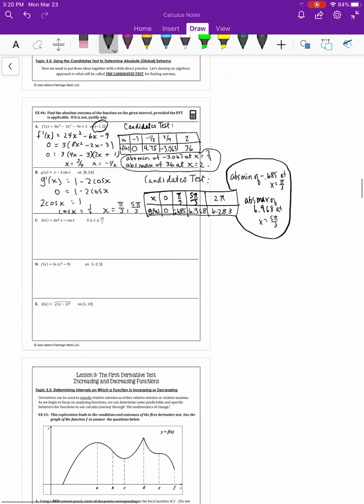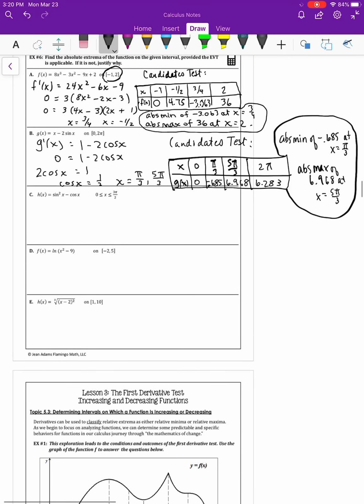Okay? So now we'll go on to our next one, which is letter C. Again, we're looking at sine squared x minus cosine x, and we're going to take the derivative of it. So our h prime of x is going to equal, when you take the derivative of sine of x squared, you bring the 2 down, times sine of x to the 1, and then times the derivative of sine x.